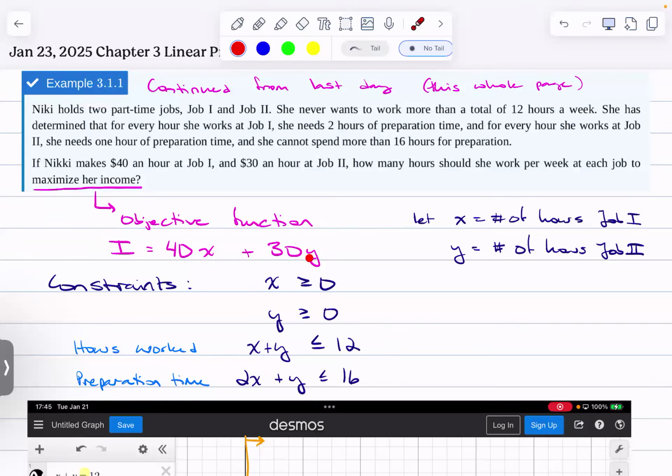And so what we've found are combinations of x and y, different combinations of the numbers of hours that she should work at job 1 and at job 2. And so now we're going to plug all those in, and whichever one gives us the biggest thing, the maximized income, that's the combination that we choose.